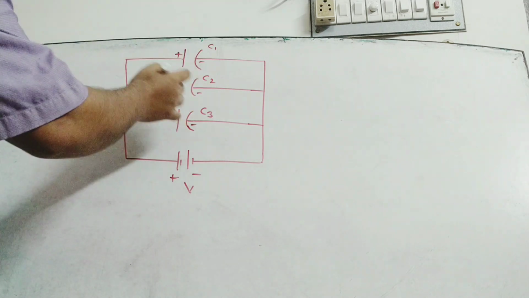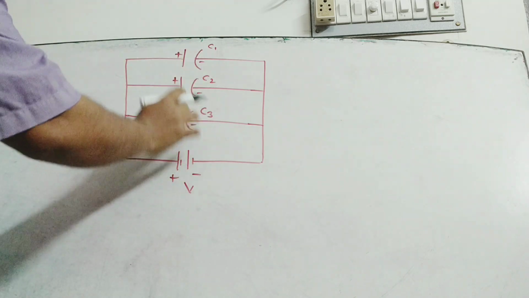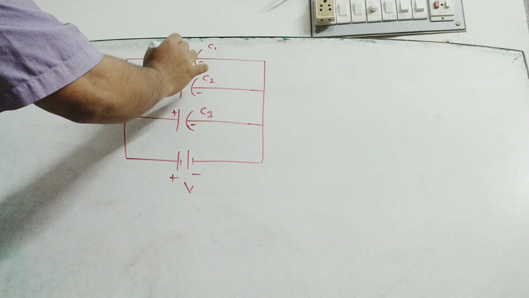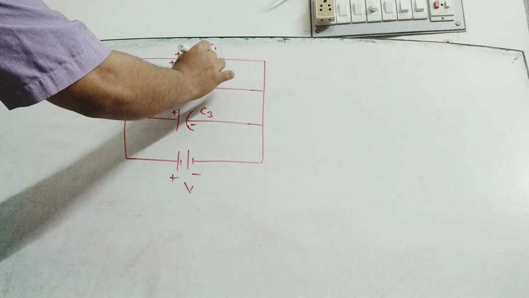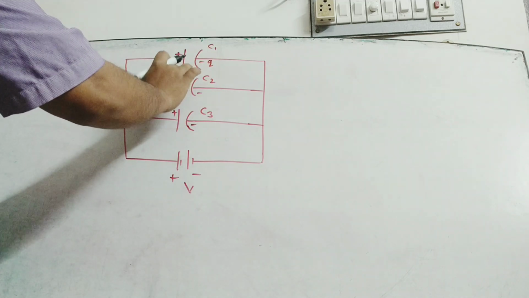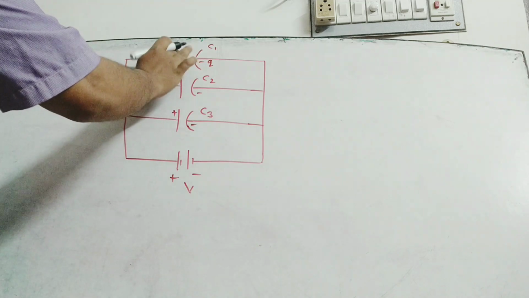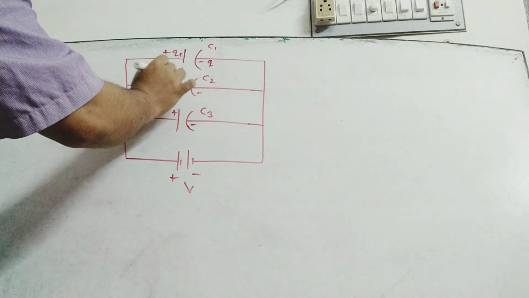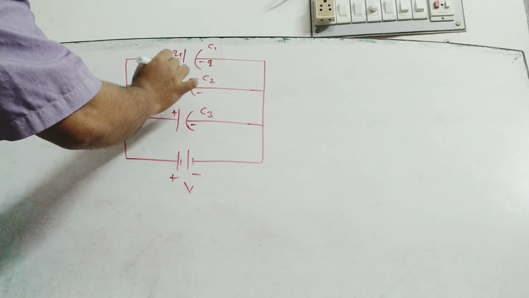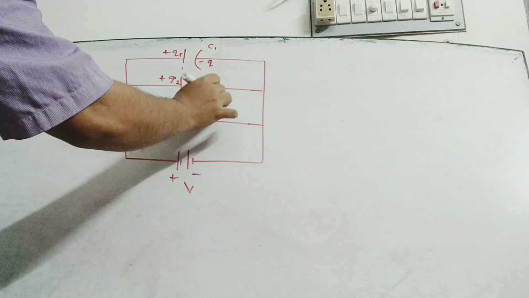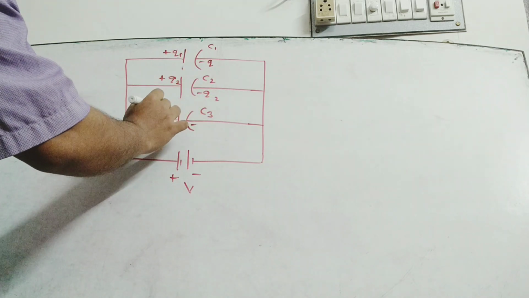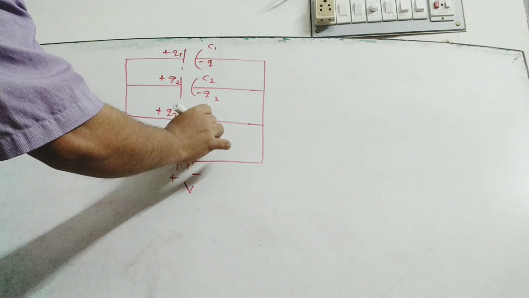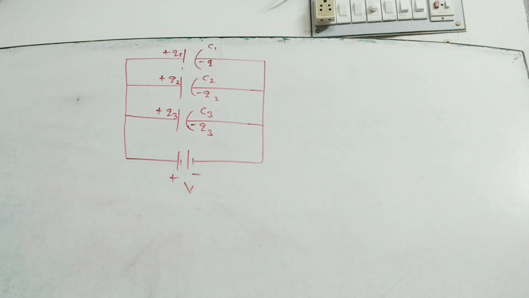And the charges stored in the capacitors are different. Let Q1 be the charge stored in the first capacitor, Q2 the charge stored in the second, and Q3 the charge stored in the third capacitor.